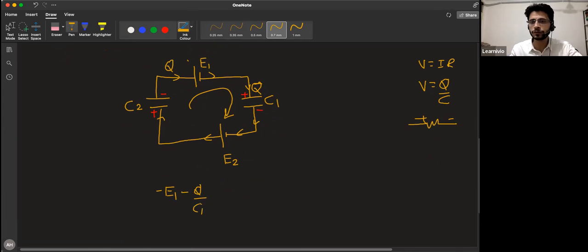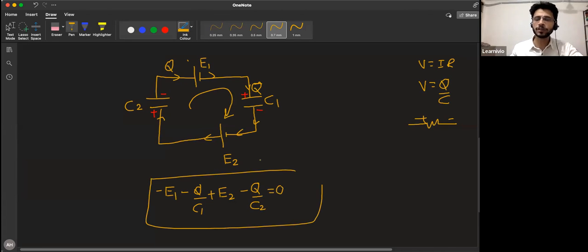In a circuit having a resistor we take IR, but when we take a capacitor, it's minus Q by C1. When you go from lower to higher, it's a rise, plus E2. Going from positive to negative, it's a fall, so we take it as negative, minus Q by C2, is equal to 0.